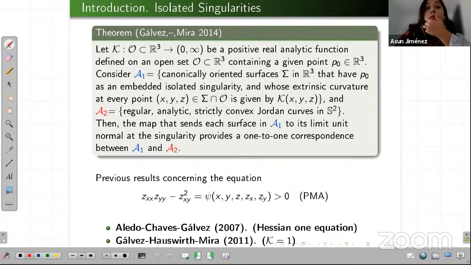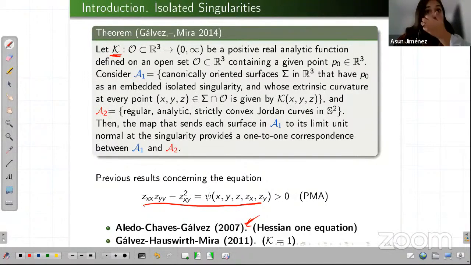I must say that this kind of result for the pure Monge-Ampère equation, the determinant of the Hessian equal to a positive function, which you may think of as the prescribed Gaussian curvature equation in R3, generalizes previous results concerning this equation in the simplest cases: the Hessian 1 equation, when you put the function equal to 1, and the case of surfaces of constant Gaussian curvature equal to 1, when you put this function constant.